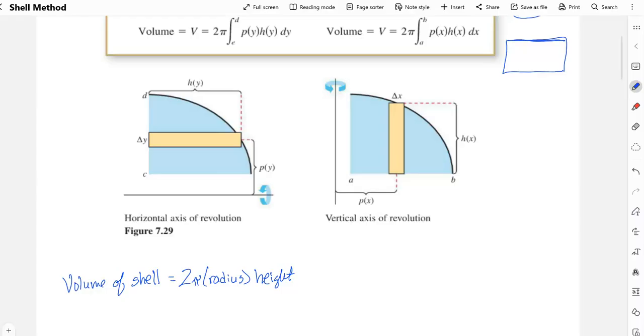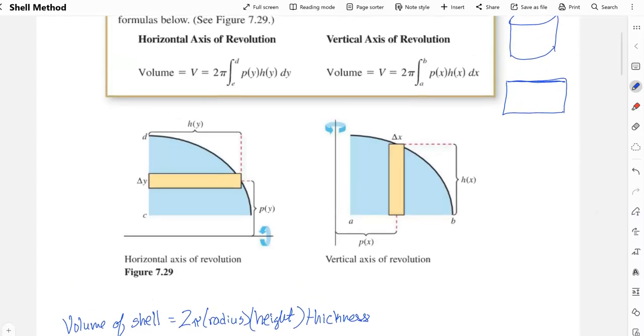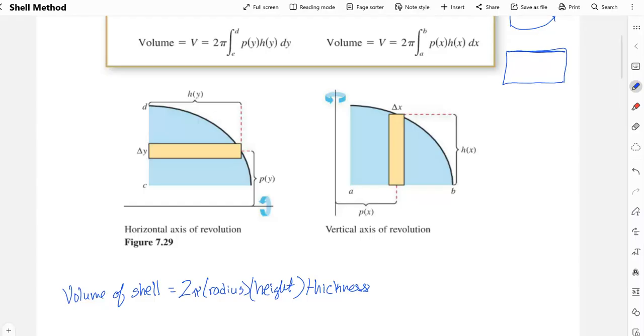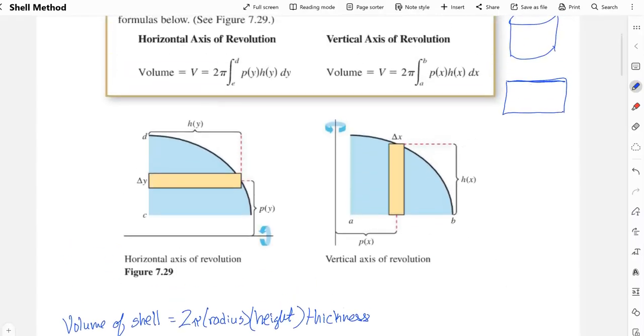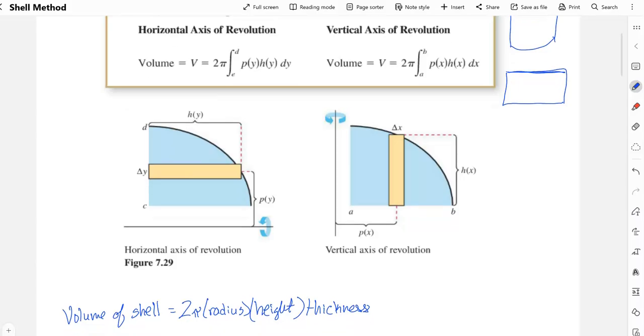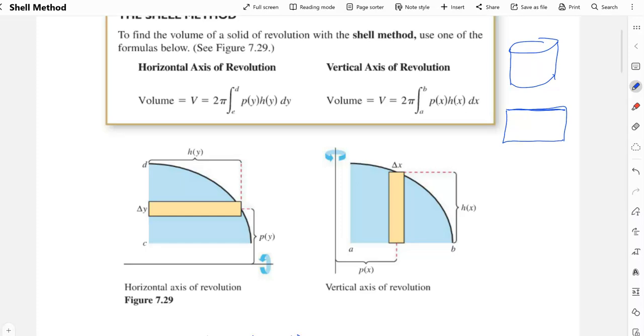And if I multiply that by the thickness, then that would give me the volume of that label that went on that can, or that shell. And if I were to do that an infinite number of times with an infinite number of labels that are going to have different heights, then I could find that volume using integration.